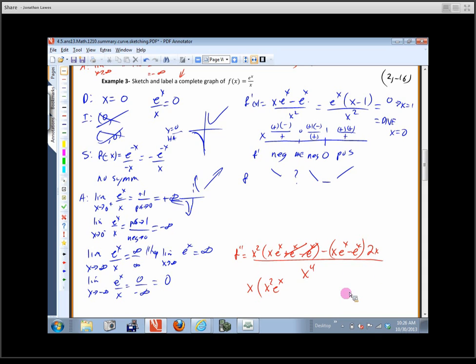No, you can't take out an x squared. Good? Just an x. I'm left with 1x here, and when I distribute it through, I get an x squared e to the x. Everybody okay with that? And then I took out the x, so I'm left with minus 2x e to the x, and then this would be plus 2 e to the x, all over x to the fourth.